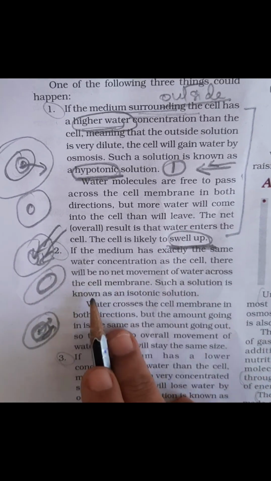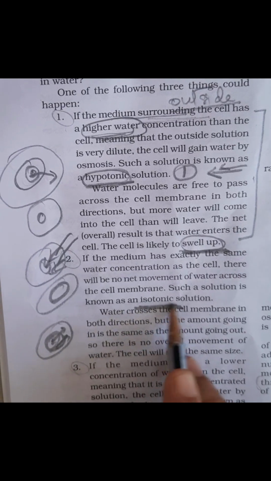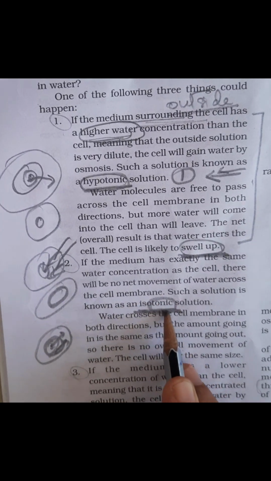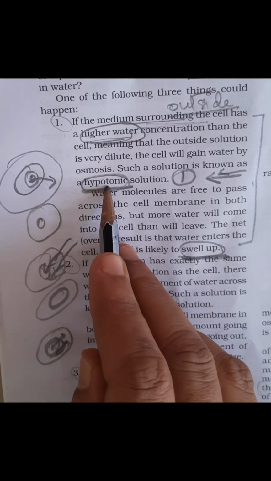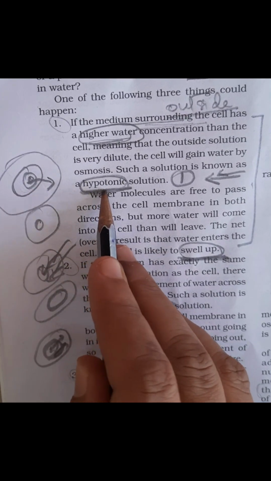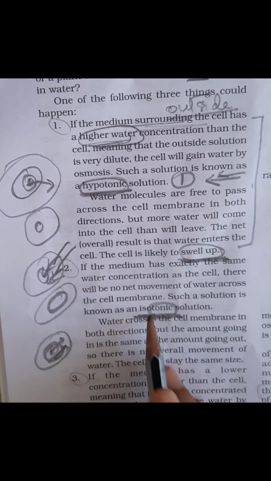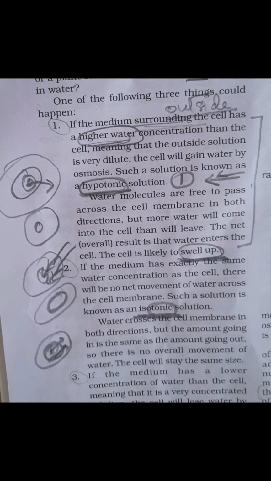Next one, if suppose it is isotonic solution. Iso means equal, tonic is concentration. The meaning of tonic is concentration. First case, hypotonic: we are talking about the cell's concentration being less. Hypo means less, iso means equal, and hyper means the concentration of the cell is more.